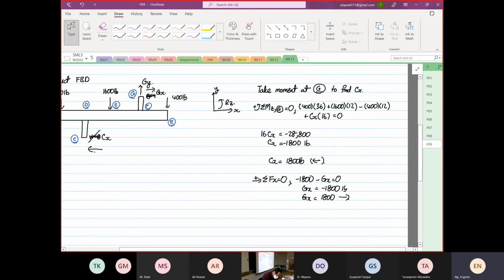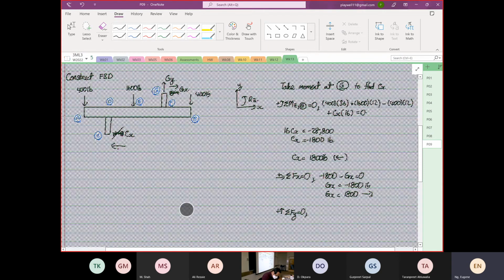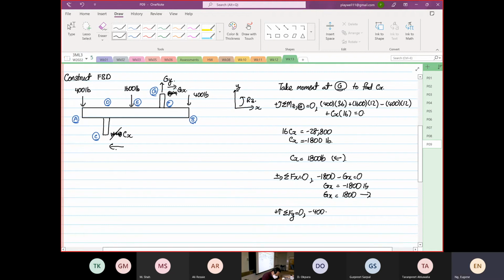Then we have positive is going up, summation of forces is equal to 0. So now we have minus 400 minus 1600 minus 400 plus Gy is equal to 0.